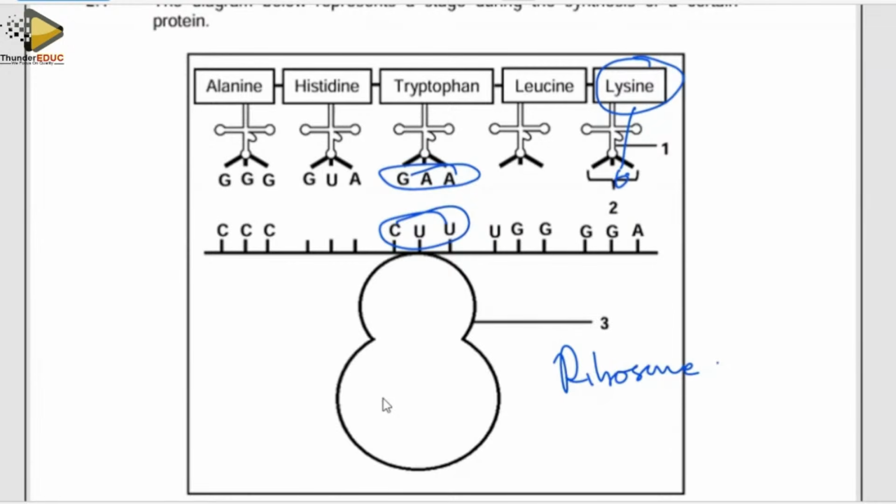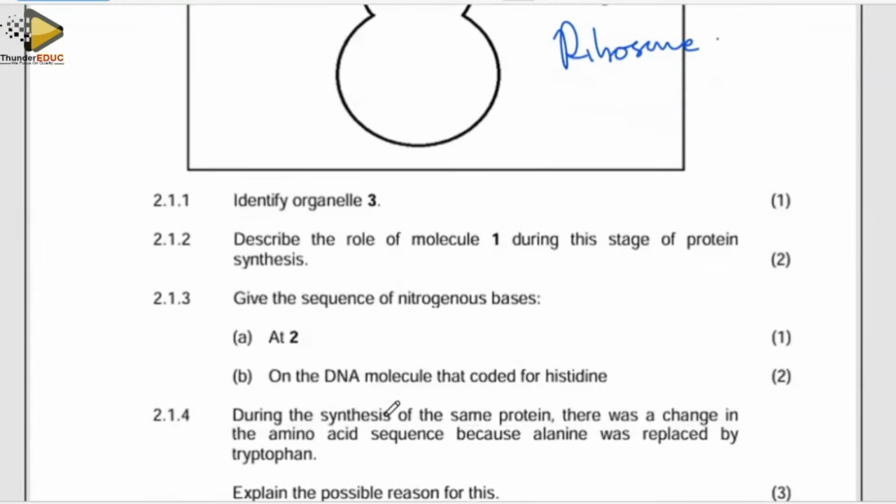So it brings the required amino acid to the ribosome when the tRNA anticodon matches the codon of the messenger. So that's how you're supposed to explain that.